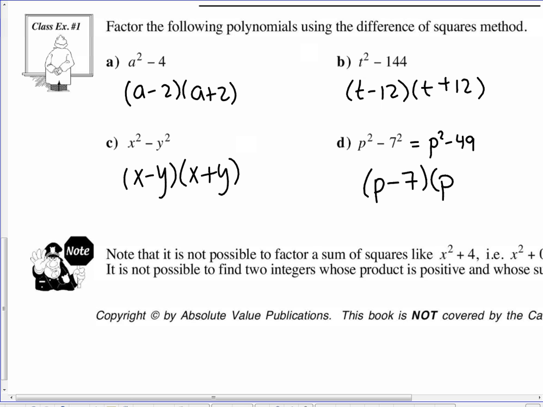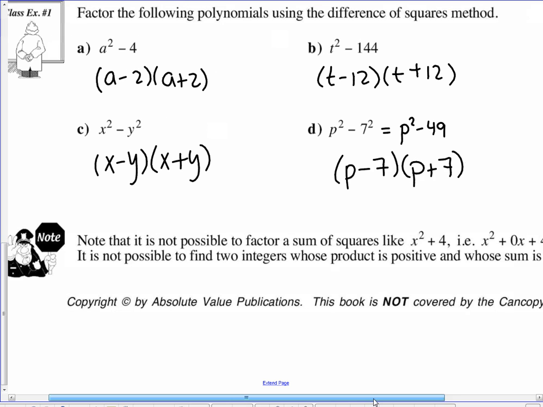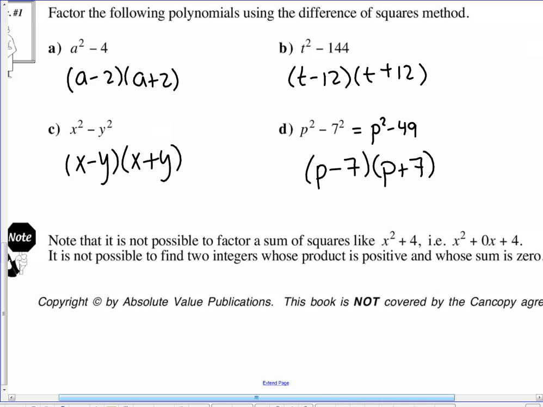Okay, so let's make it more interesting, because that's too easy, right? No. It's hard. So notice that this last line here is very important. Note that it is not possible to factor a sum of squares, x squared plus 4, or x squared plus 0x plus 4. Remember I said one sign has to be positive, one is negative.